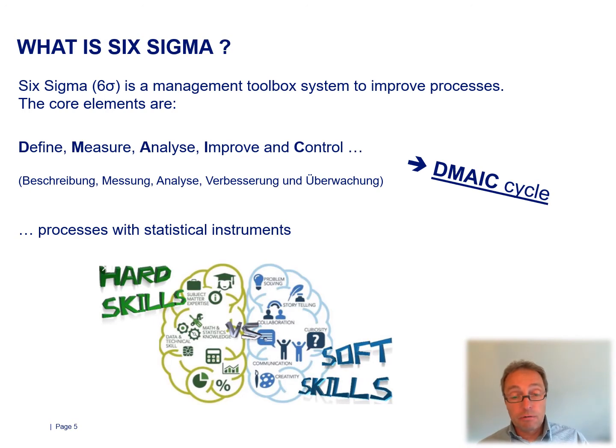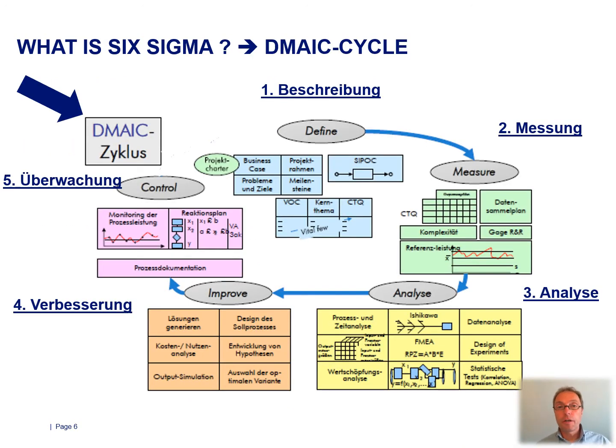The content of the toolbox system is based on soft skill tools and hard skill tools, but this we will deepen later on. We see here again our DMAIC cycle: define, measure, analyze, improve, and control in combination with a selection out of the toolbox system.